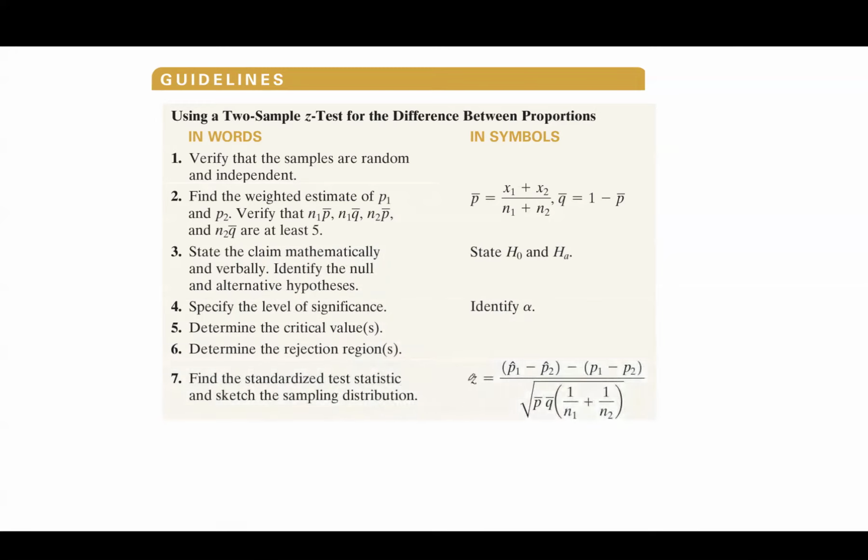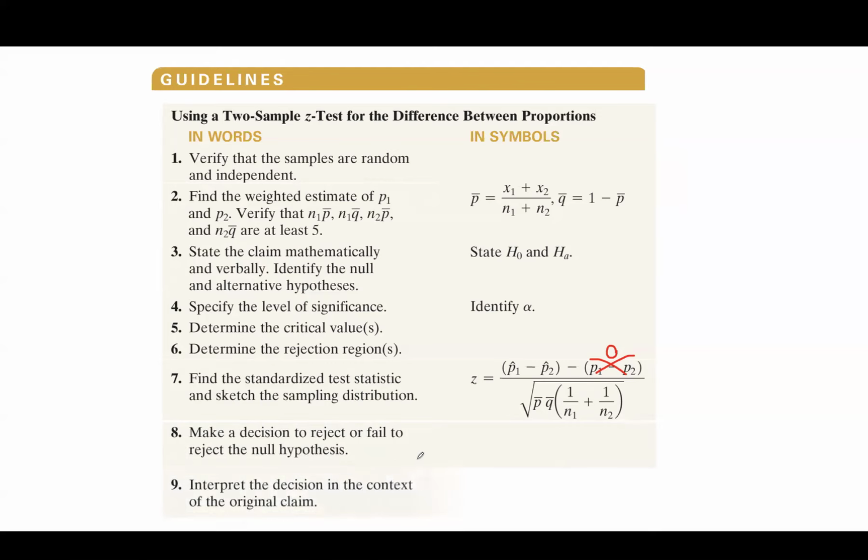The standardized test statistic is the difference between sample proportions minus the difference between population proportions, but remember that this is equal to 0, divided by the square root of p-bar q-bar times 1 over n1 plus 1 over n2. Then make a decision to reject or fail to reject the null hypothesis and interpret the decision in the context of the original claim. One example for you.